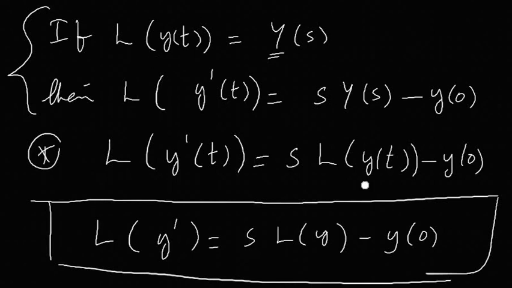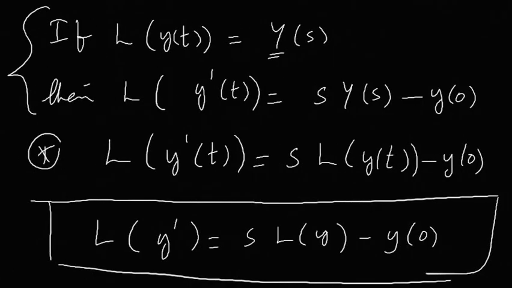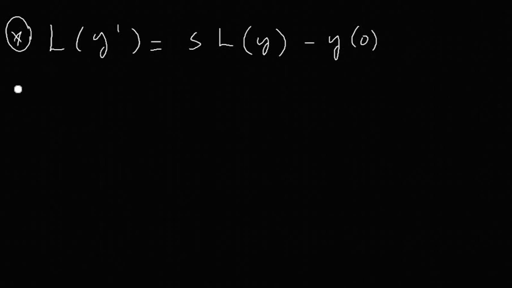If you repeatedly use this particular result, since the second derivative is the derivative of the first derivative, you can say in conclusion, L of y dash is equal to s into L of y minus the value of y at 0.